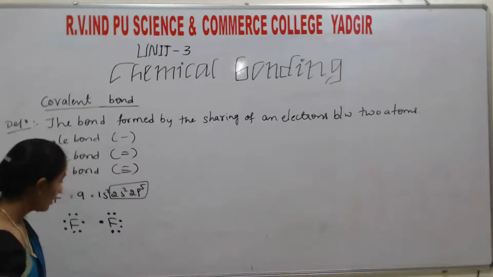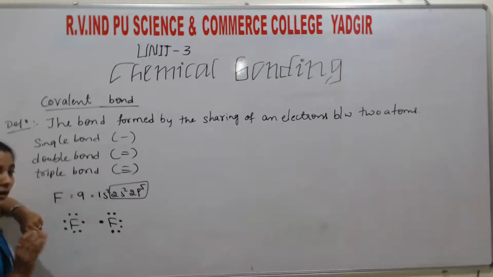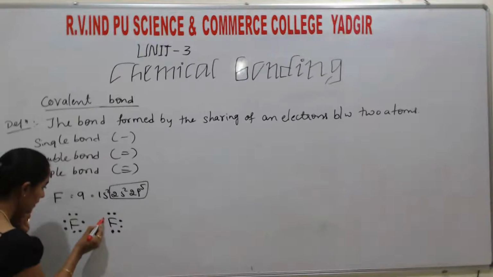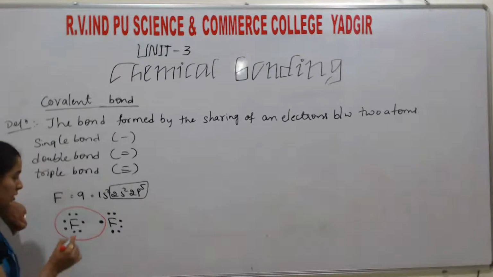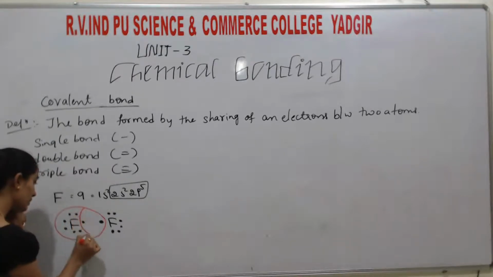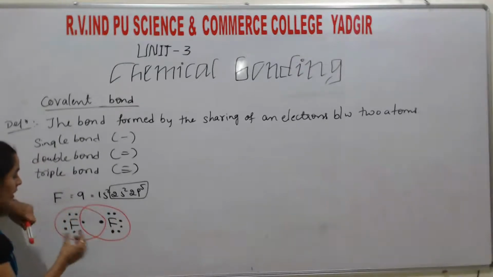So the first thing is each and every atom attains octet configuration when they get bonded. So here, consider this the sharing pair of electrons. It becomes octet configuration. Consider this, it will become octet configuration. Here what happens?